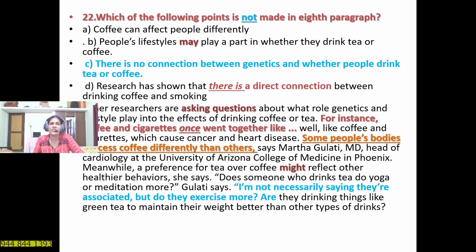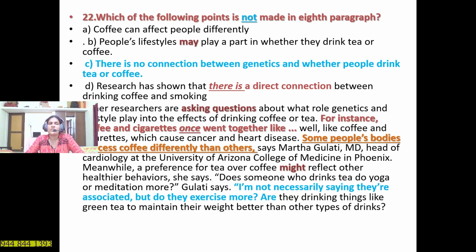Let me proceed further. Which of the following points is not made in the 8th paragraph? So, other researchers are asking questions about what role genetics and lifestyle play in the effects of drinking coffee or tea. For instance, coffee and cigarettes once went together, which cause cancer and heart disease.